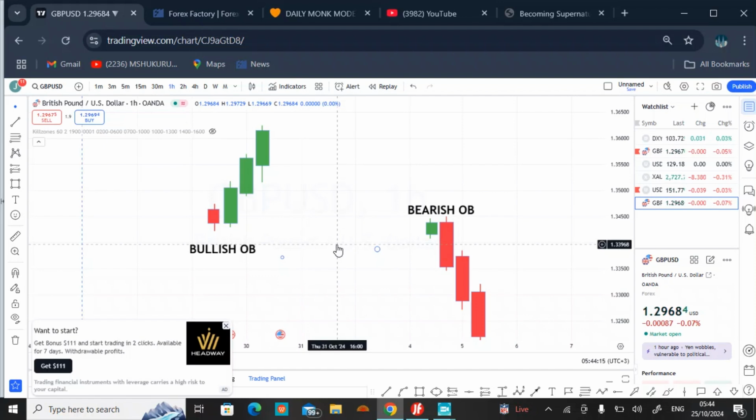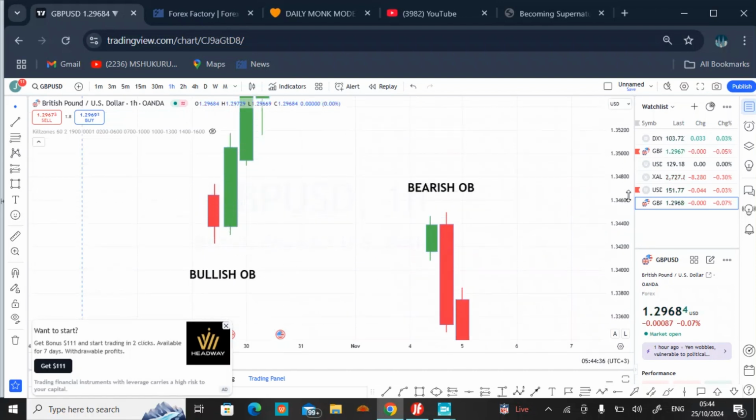The first thing you should consider when you're looking for an order block is seeing whether there has been an inefficiency left after the order block has been formed. You can call it an imbalance. You can call it a fair value gap. Has there been a gap left after the order block?